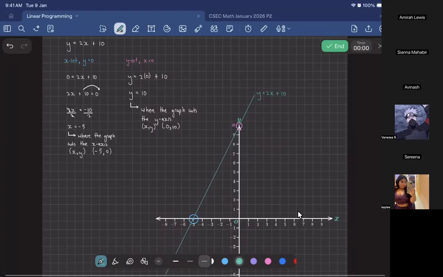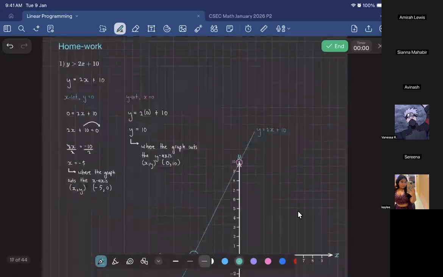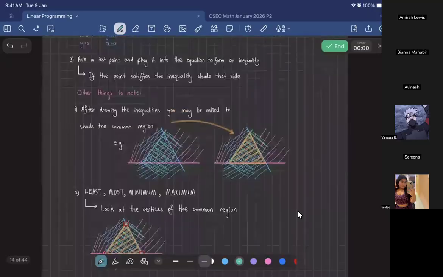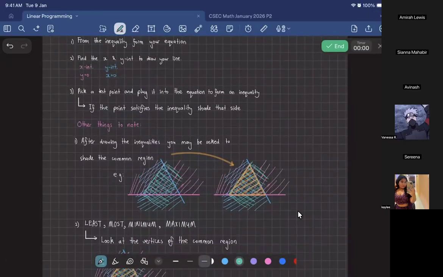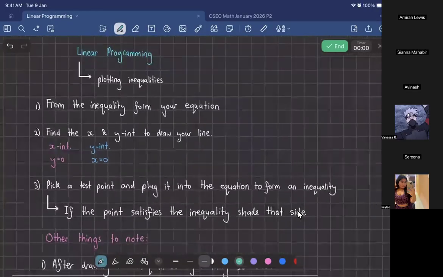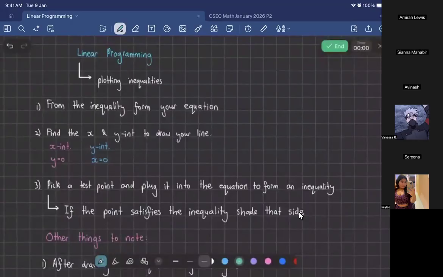What is the next step? Check back the notes that you copied down. Sienna, what is the next step?